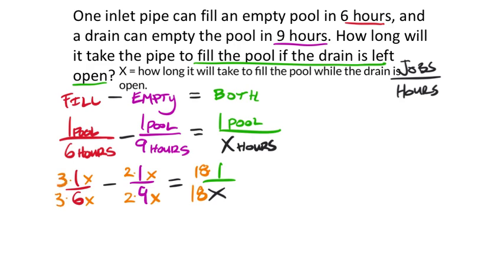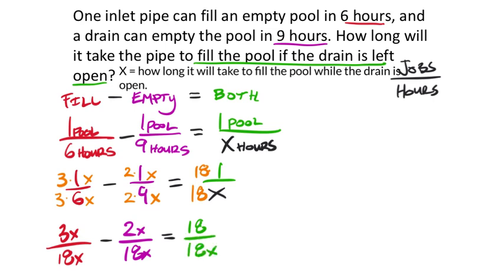From the first fraction, 3 times 1 times x would be 3x, all over 3 times 6x would be 18x. From the second fraction, 2 times 1 times x would be 2x, and 2 times 9 times x would be 18x. The whole purpose of that last part was to get the denominators to match. In the final fraction, 18 times 1 is 18, and 18 times x is 18x.